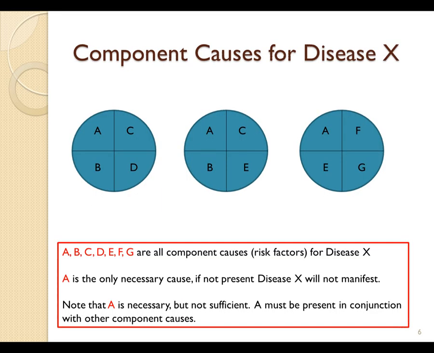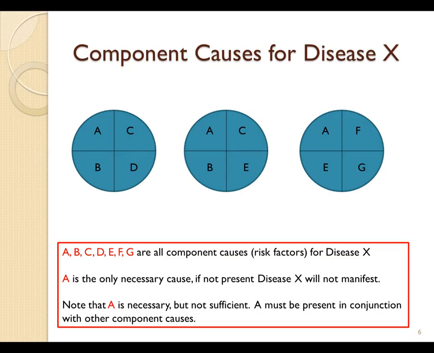Now here we see a breakdown of the possibilities of a multifactorial cause of disease. We have A, B, C, D, E, F, and G. All of these are component causes of disease, or as we like to call them in epidemiology, risk factors. Now A is the only necessary cause. If A is not present, disease X will not manifest.